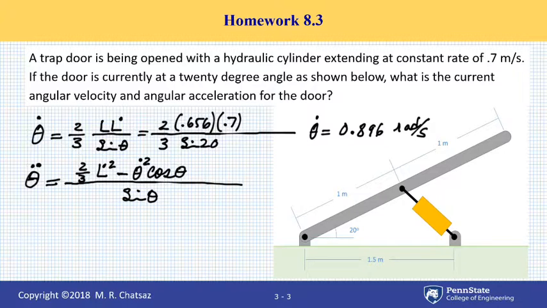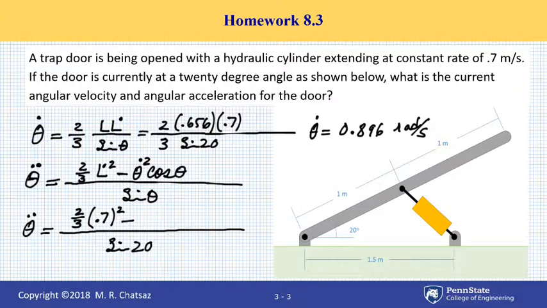Continuing with numerical calculation, the current position is at a 20-degree angle, so the denominator is sine of 20, and in the numerator I have 2/3 of L dot squared, which is 0.7 squared, minus theta dot squared, or 0.896 squared, times cosine of 20.